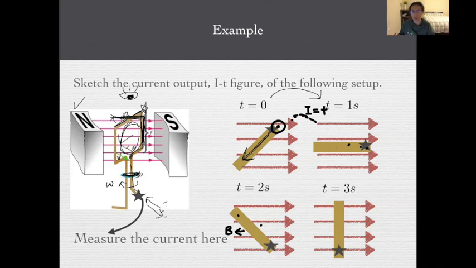To create a magnetic field to the left, the current must go this way, which means it will be out of the page from this end and into the page at the other end. So from 1 second to 2 seconds, you can see that the current is still positive.